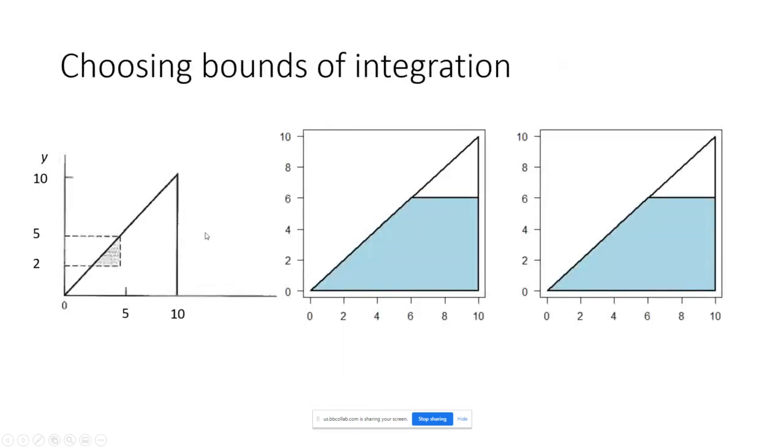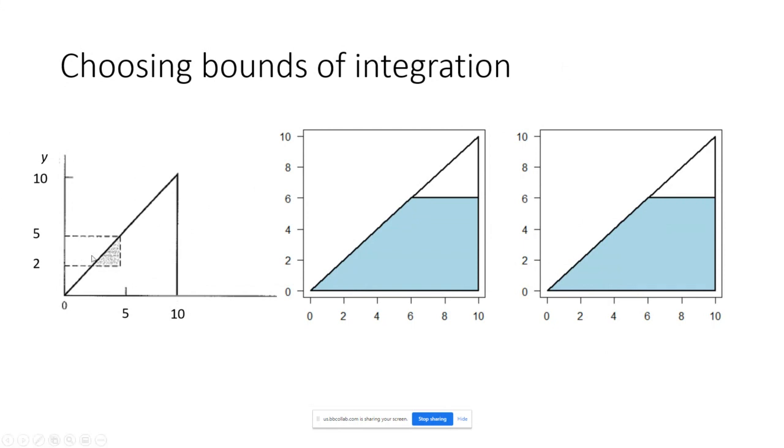All right. So the first thing we need to do for this problem is to choose the bounds of integration, right? Because we know what's going to go in the integral. That's going to be the density function. So that's already given to us. So the hard part here is picking what the bounds of integration are going to be.